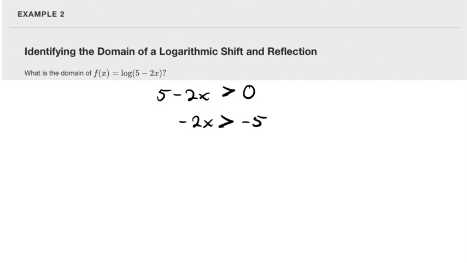Notice we're going to end up dividing by a negative. We got to watch out for this. That means the inequality is going to flip. If we multiply or divide by a negative, the inequality flips. And x is strictly less than 5/2.